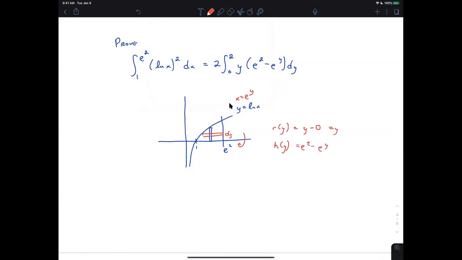So if you throw pi's in here, this is the volume. Both of them are ways to calculate the volume when you revolve around the x-axis. And so you had to set that up, realize that this is the same as this, and explain why those are both that calculation.